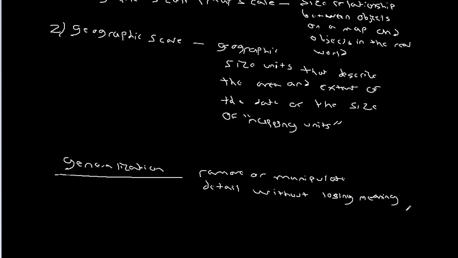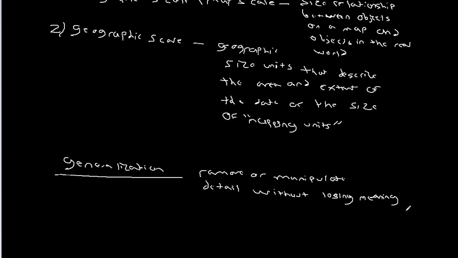Right? And when we talk about scale, the impact of generalization will become far more apparent. But basically, you can imagine as you change the cartographic scale, right? As you change the relationship between the size of objects and the map and the real world, you can imagine that it would become relevant to be able to determine what the level of detail is you need.